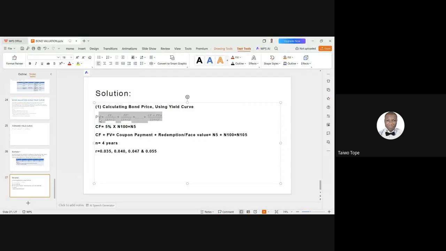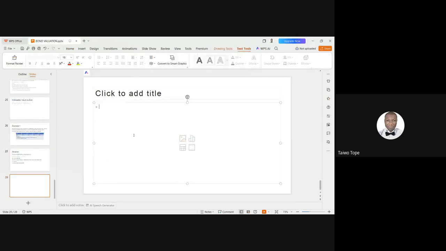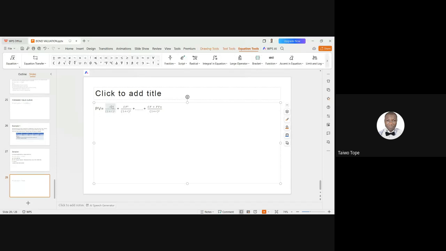So what are you going to do now? You input them. For year 1, your coupon payment is 5, and your R is 0.035, to the power of 1.